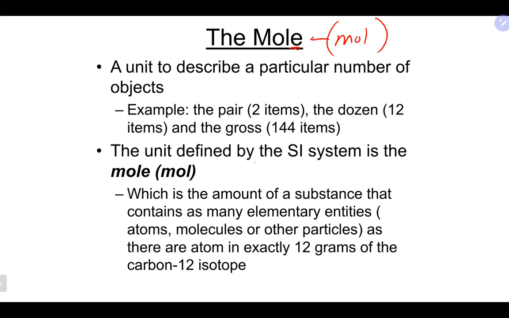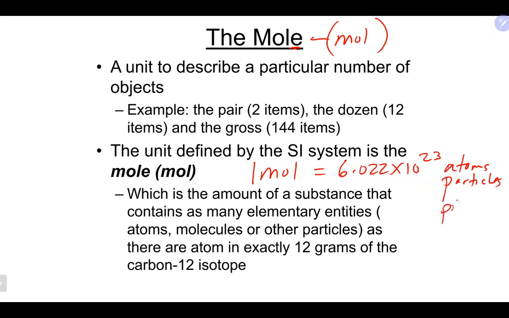So when you say you have 1 mole of something, that equals 6.022 times 10 to the 23. And these could be atoms if we're talking about atoms. They could be particles if we're talking about particles. They could be pizzas if we happen to order some pizzas, or shoes if we lost our shoes.